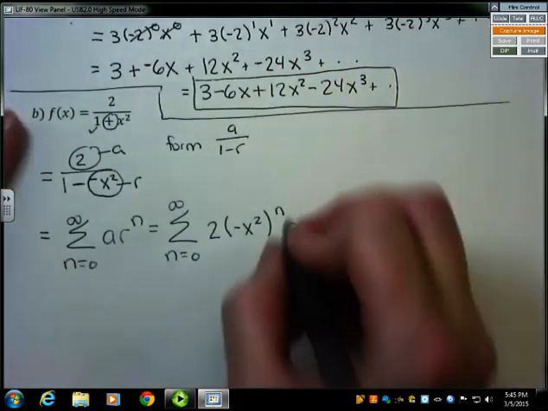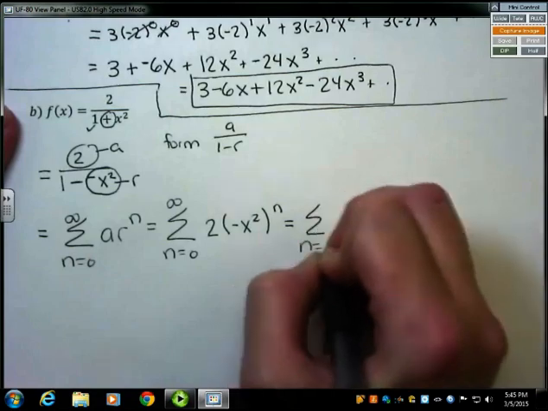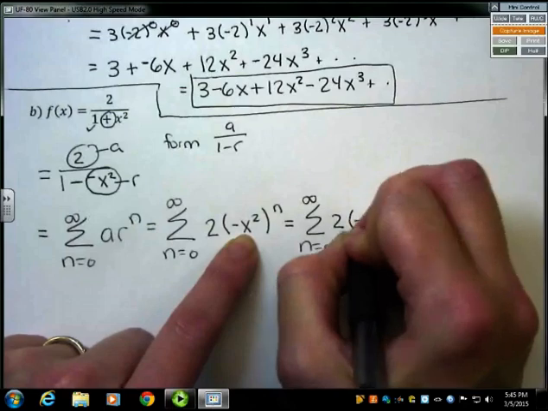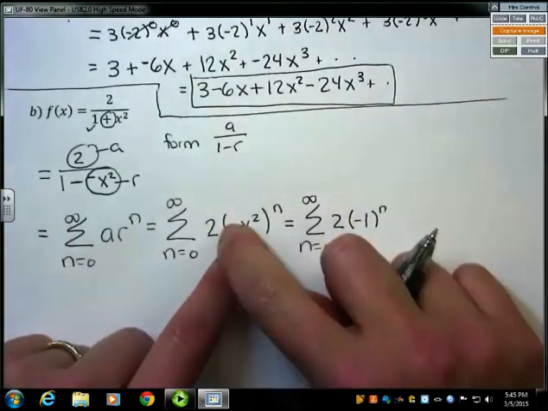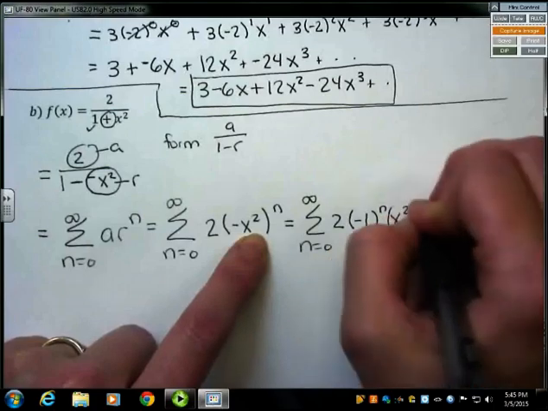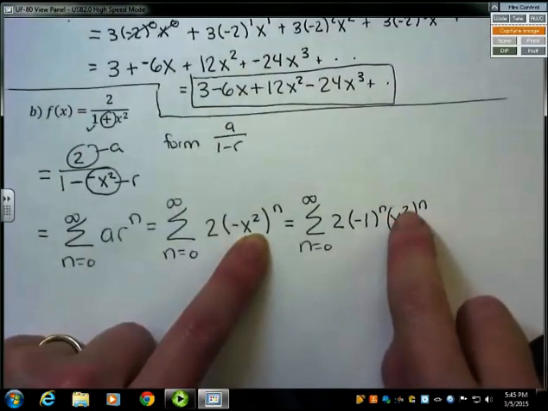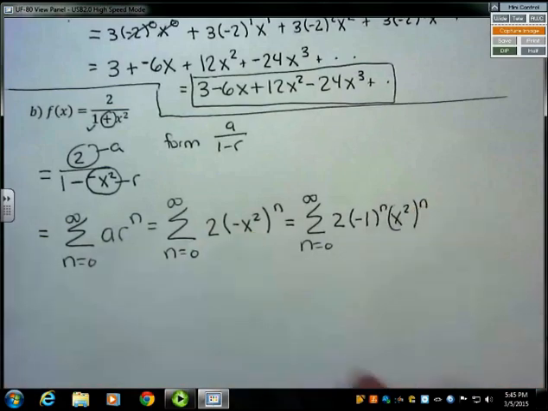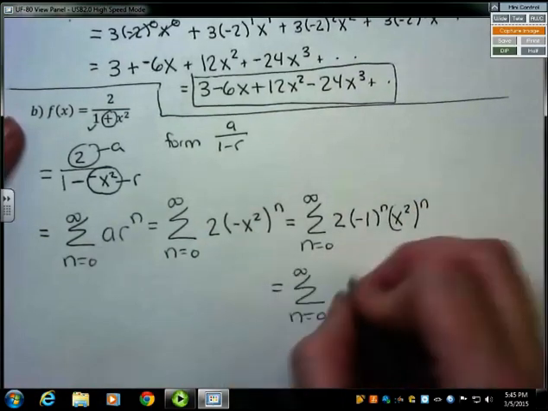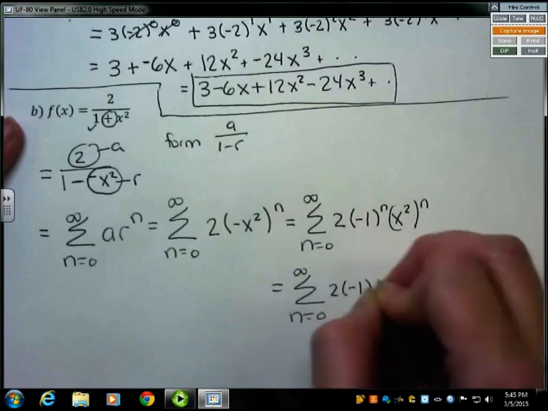So what I have is my sum from 0 up to infinity of 2 times negative 1 to the n times x squared to the n. Rules of exponents say a power to a power, you multiply. So I'm looking at the sum going from 0 to infinity of 2 times negative 1 to the n, x to the 2n.